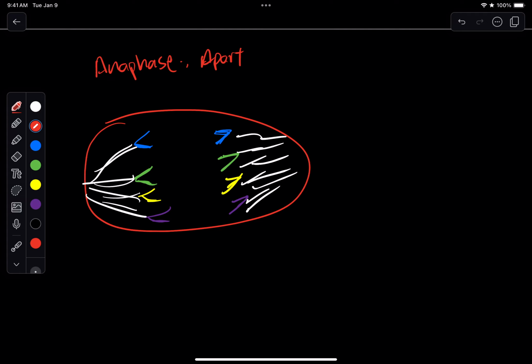Now these are chromosomes on their own. The sister chromatids are chromosomes on their own. They each have a centromere, sorry, they each have one. So they can be a chromosome on their own. And now the last phase is telophase, where the nuclear envelope forms between the two cells.